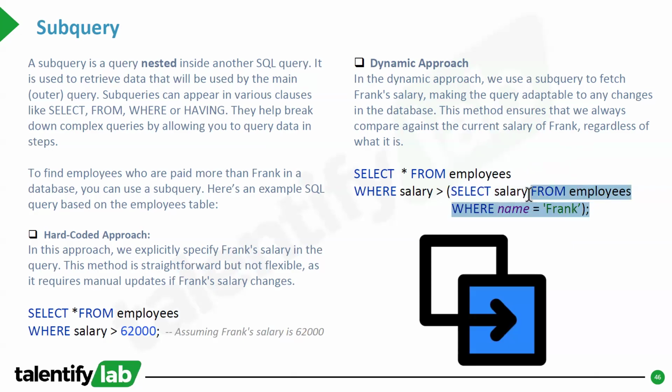So you don't need to type over here anything as hard coding. For example, if I type here 10,000, maybe Frank's salary will change. If Frank's salary changes, then also dynamically we will get Frank's salary every time. You see, this is Frank's salary, but this is not recommended. This is hard coding.